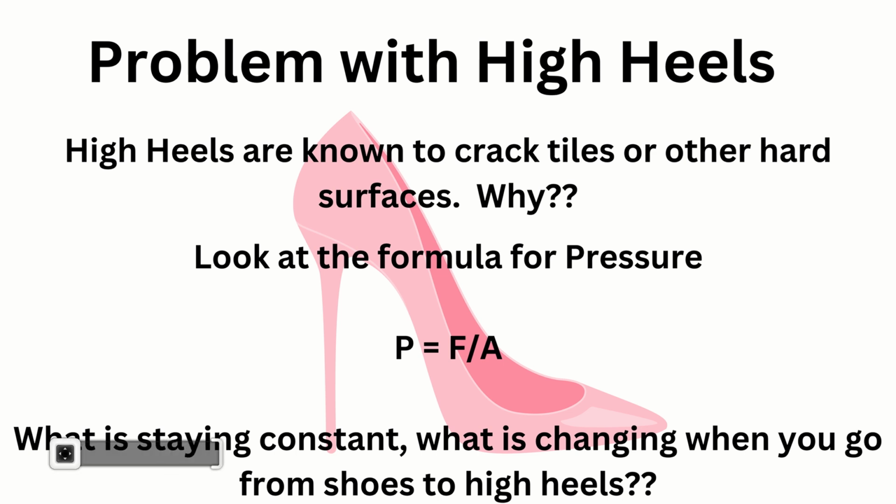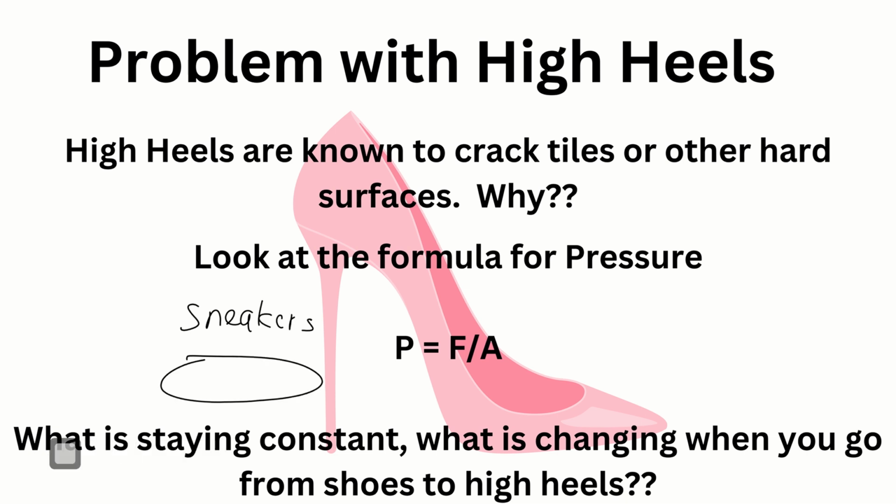So what we're basically looking at here is, pretend we have a person, and they're wearing sneakers. I'm going to just draw like that. That's my sneaker. It's just a circle, like a slipper. Obviously, if they're pushing down on the floor with this sneaker, they're going to be pushing down with their gravitational force, their weight.